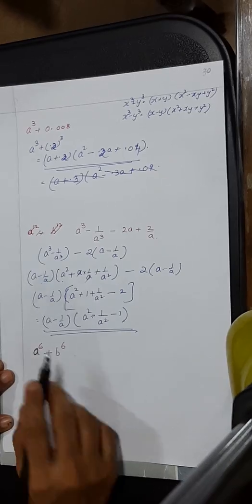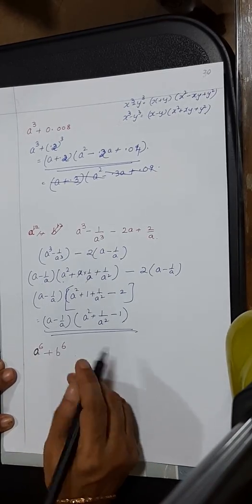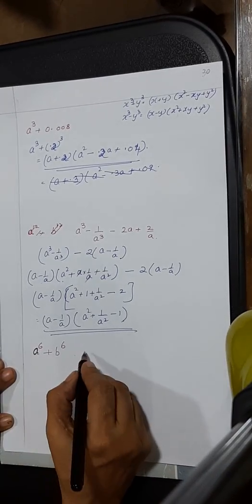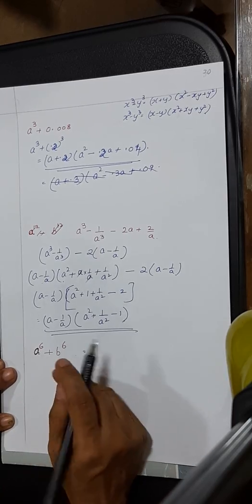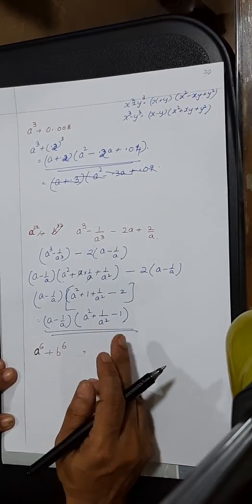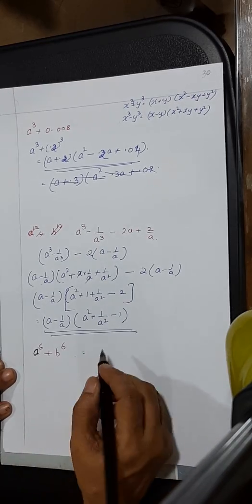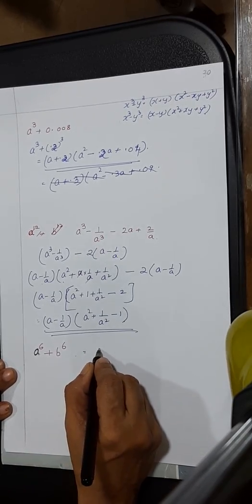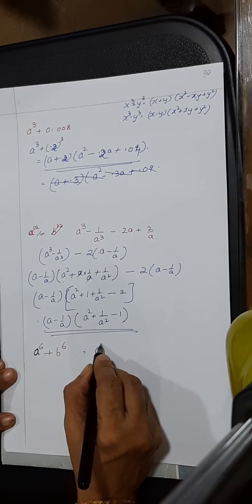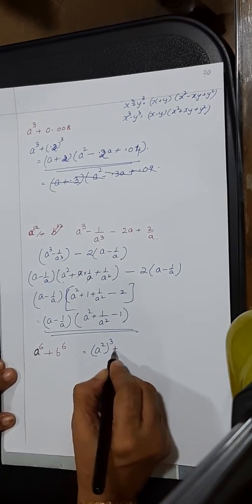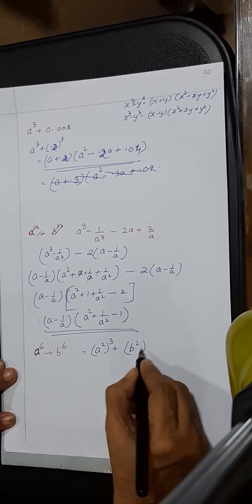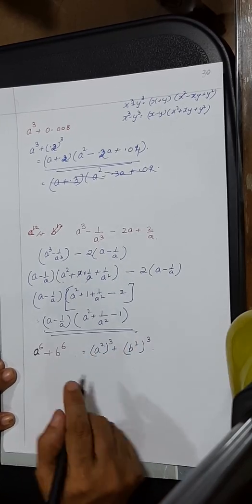So, here a to the power of 6 plus b to the power of 6. As I told earlier, you have to write this as a squared the whole cube plus b squared the whole cube, not a cube the whole square plus b cube the whole square. So, you will write this as a squared the whole cube plus b squared the whole cube, x cube plus y cube format.